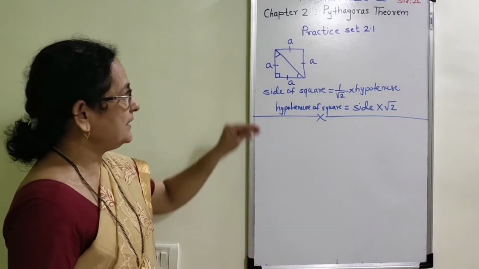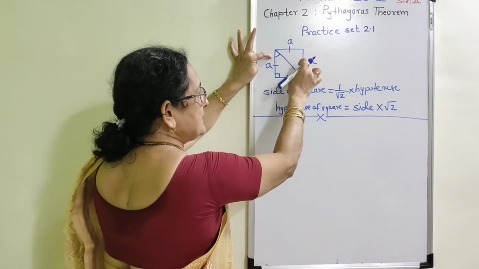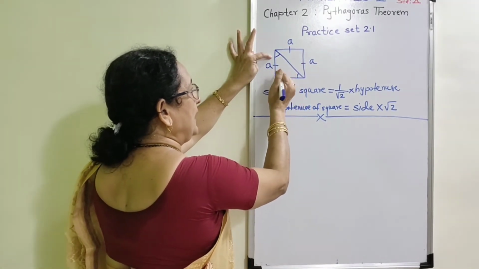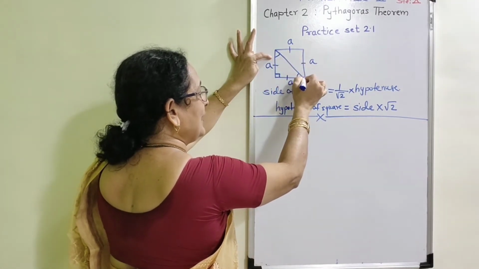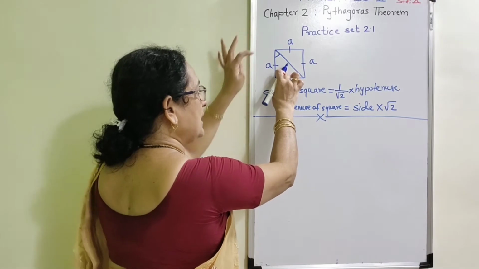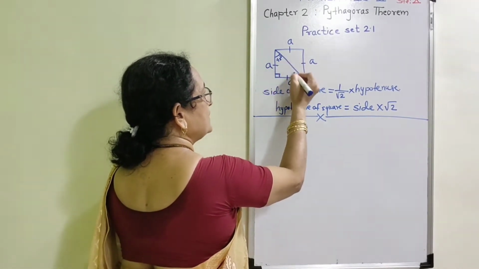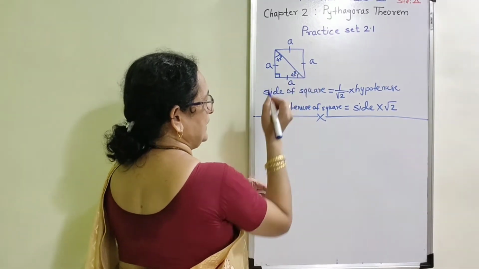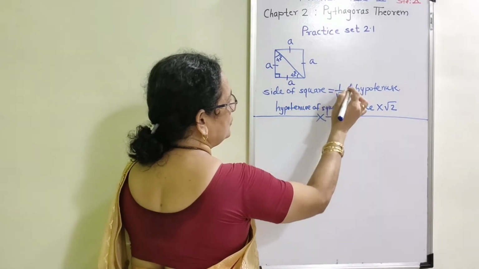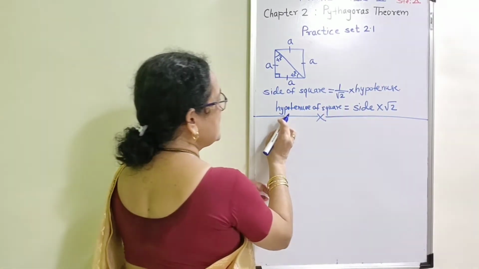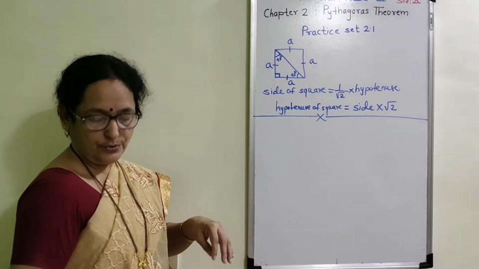Now I am going to explain again. When I take a square, all four sides are congruent to each other and each angle is of 90 degree. Therefore, when I take one diagonal, I will get an isosceles right angle triangle where these two angles are 45 degree each, and therefore side of square is equal to 1 upon root 2 into hypotenuse, or hypotenuse of square is equal to side into root 2.